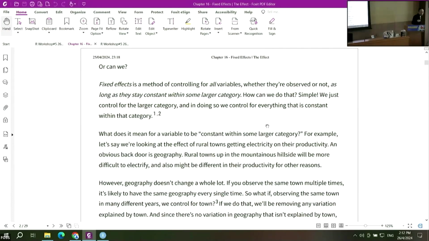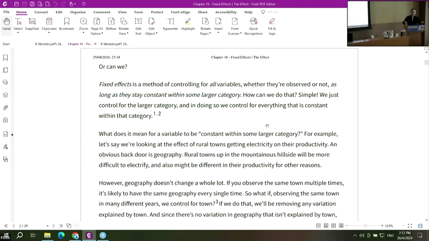So whatever that geographic effect would be, rural towns or downtowns, or however you want to define geographic distance, you control for the entire thing with the town. If we do that, we'll be removing any variation explained by town. And since there will be no variation in geography that isn't explained by town, that's it.